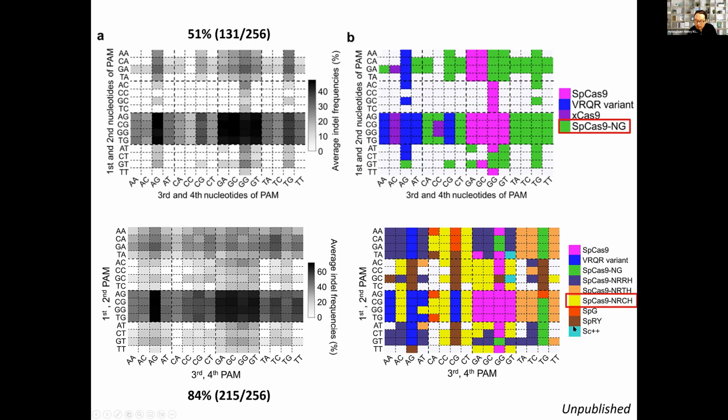Using these variants, we were able to expand the targetable sequences up to 84%, which is much higher than this one. And the widest PAM compatibility was observed with SpCas9-NRCH, not SpCas9-NG, as compared to other variants.